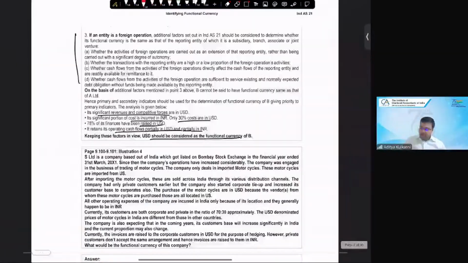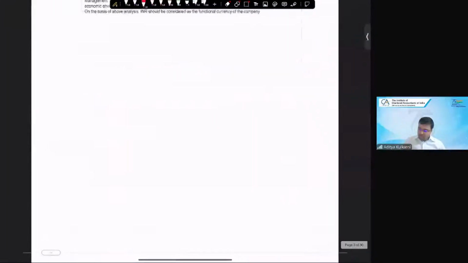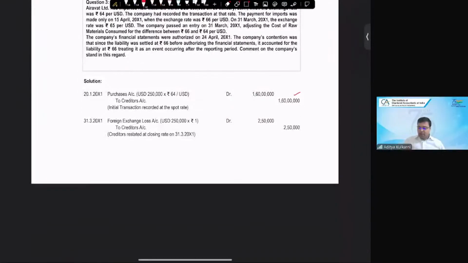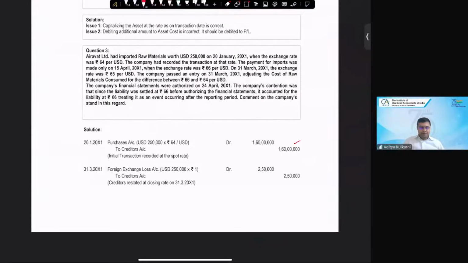What should have happened? Initial 1.6 crores. Then closing rate is 65. So 65 into 250. So 65 minus 64, into $250,000.